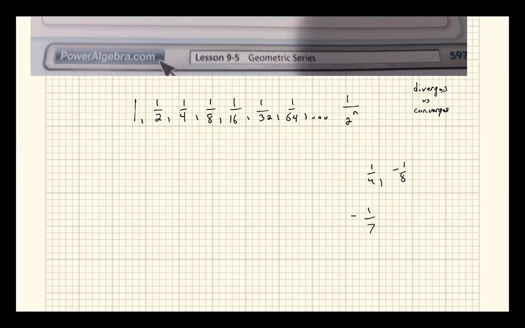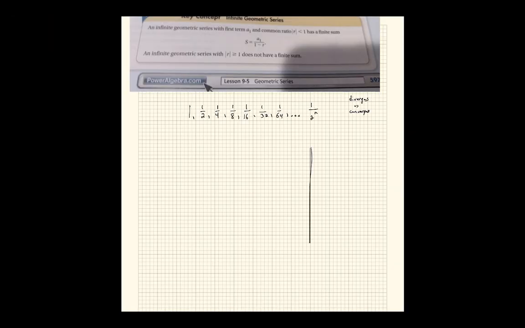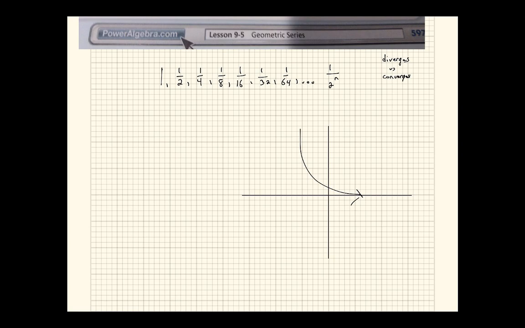Remember when we went over exponential equations? Really, the difference is whether it's exponential growth or exponential decay. You guys were really good on picking that up. Basically, if it's exponential decay, it's going to converge. If it's exponential growth, it's going to diverge. That's basically what's going on here.